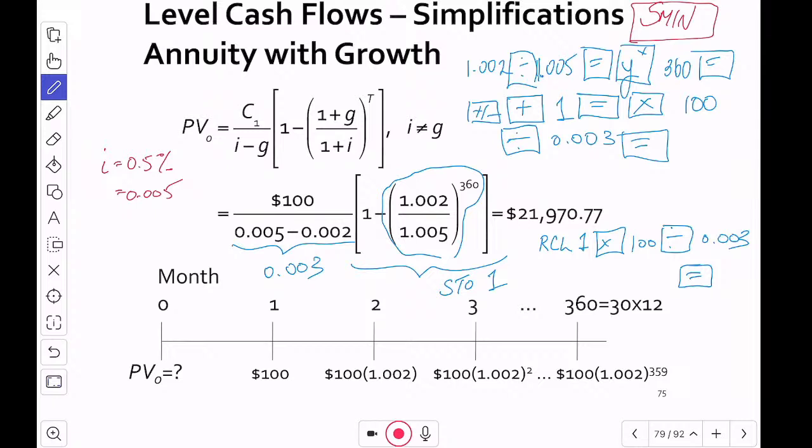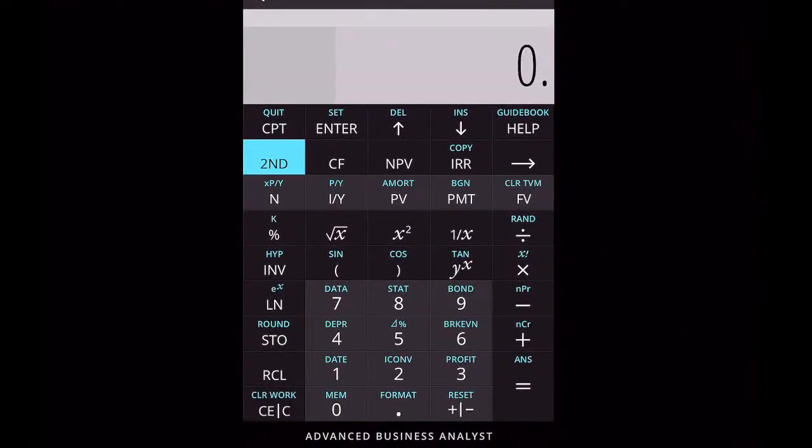All right, so I'm back. I don't know, I'll do this calculation with you. I don't know what else to do so we can move on. So I'm going to take 1.002, divide by 1.005, and equal.